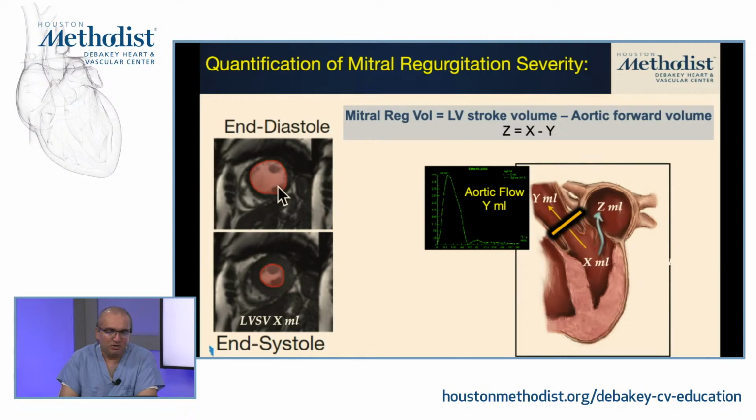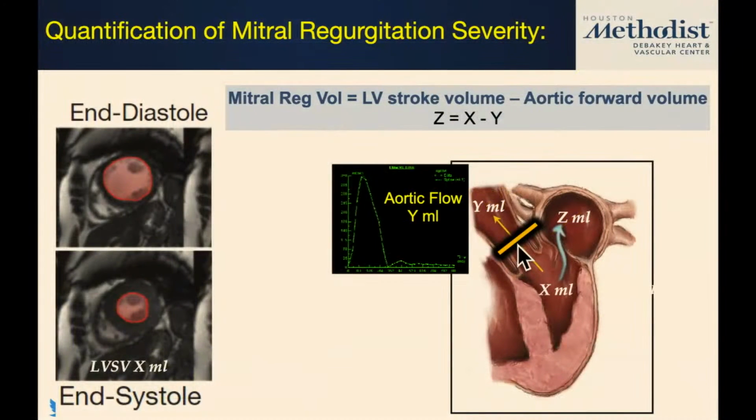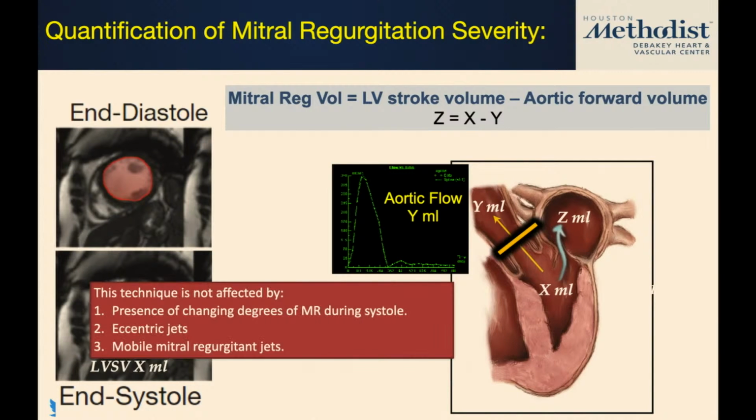Well, now we have a very good way to determine the left ventricular stroke volume, and that's by that stack of cine images that I showed you, the short axis views, where we can planimeter the end diastolic and end systolic contours to determine what the left ventricular stroke volume is. We can use a technique that I'm going to tell you about in a second to measure what the flow is coming out of the aorta, and this is called phase contrast CMR, and then simply subtracting the 2 will give us the mitral regurgitation.